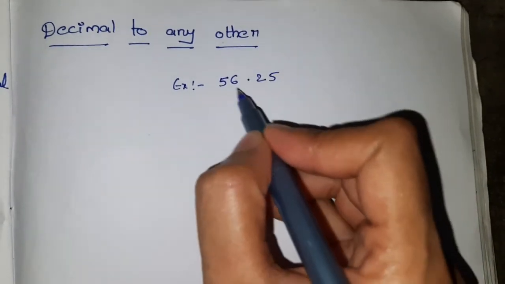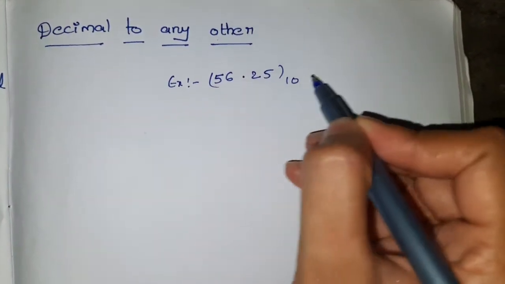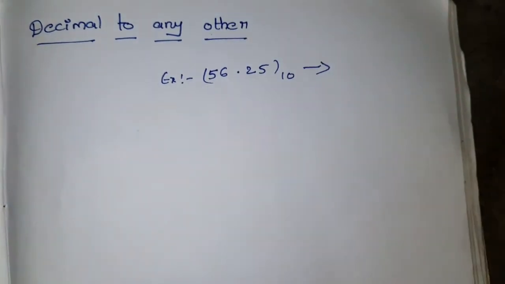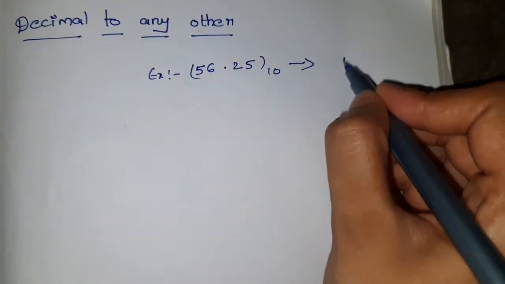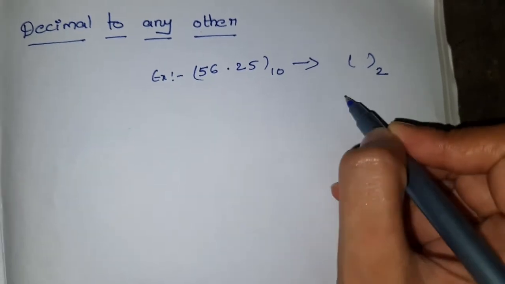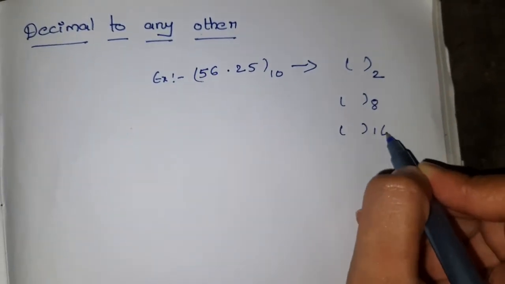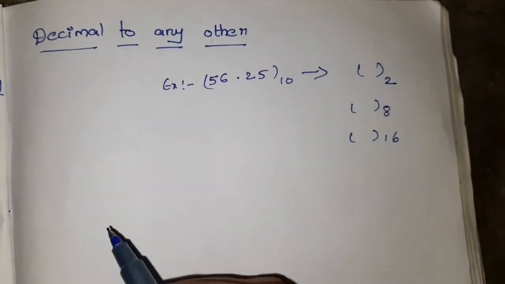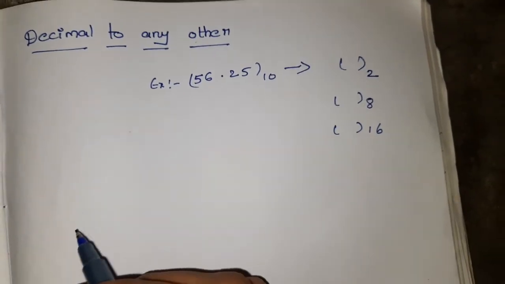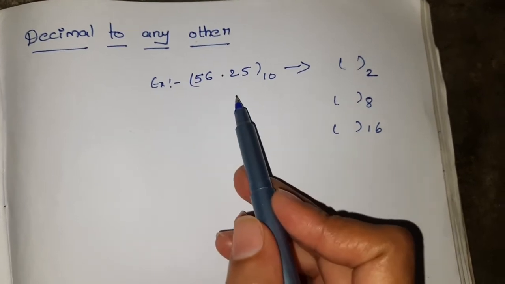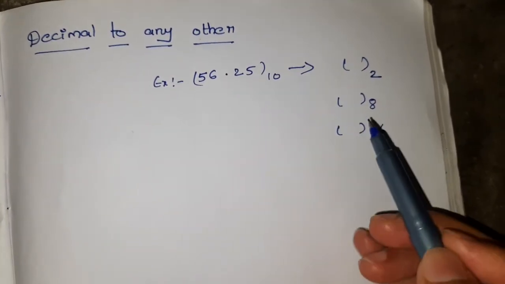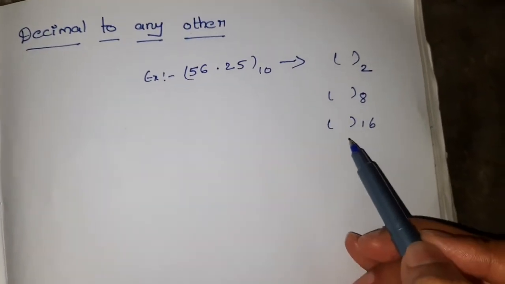This should be converted to binary and also octal and also hexadecimal. So let us see how to convert the decimal number system to binary, octal and hexadecimal.